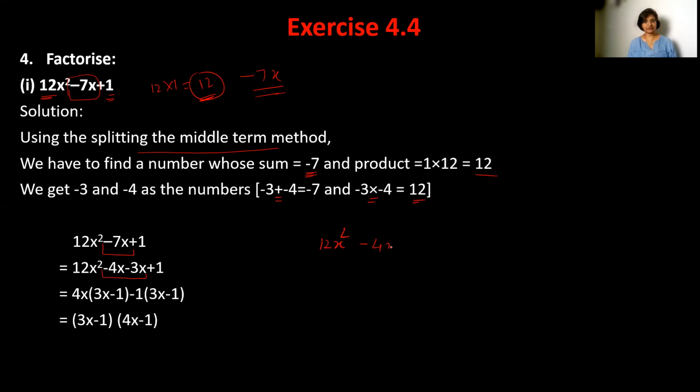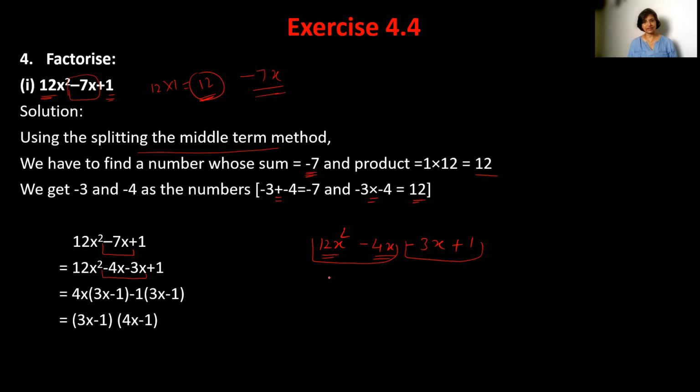I'm writing here to make it clear for you. This is written in this form now. Here there are 4 terms, so we will take 2 terms and 2 terms separately and make some common terms. If we use 4x as common in the first two, we check that it is common in this also.